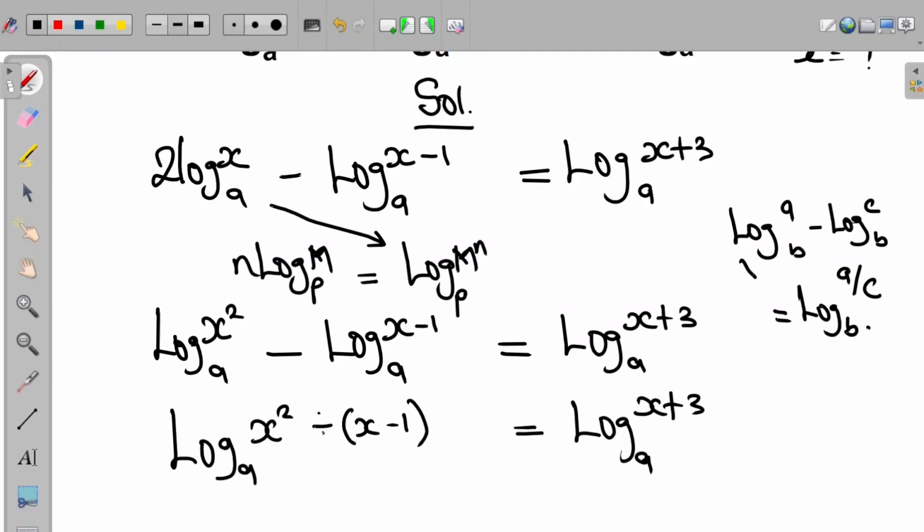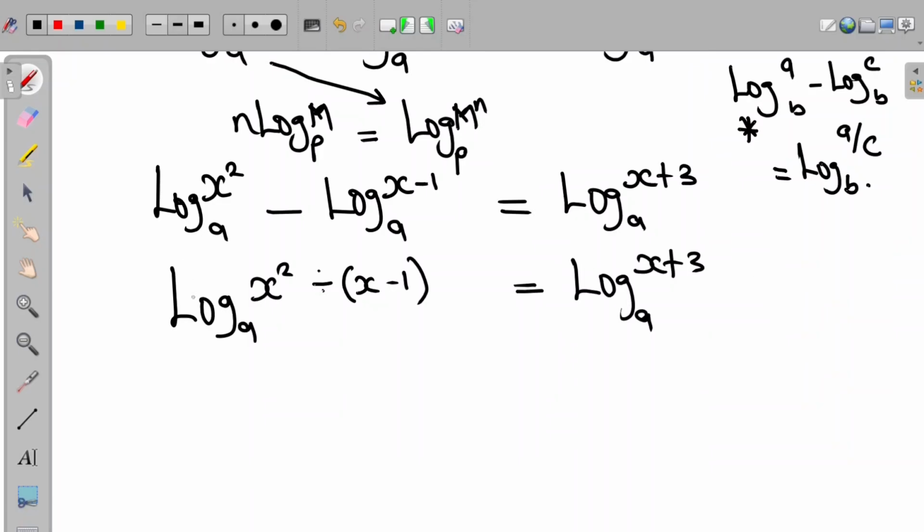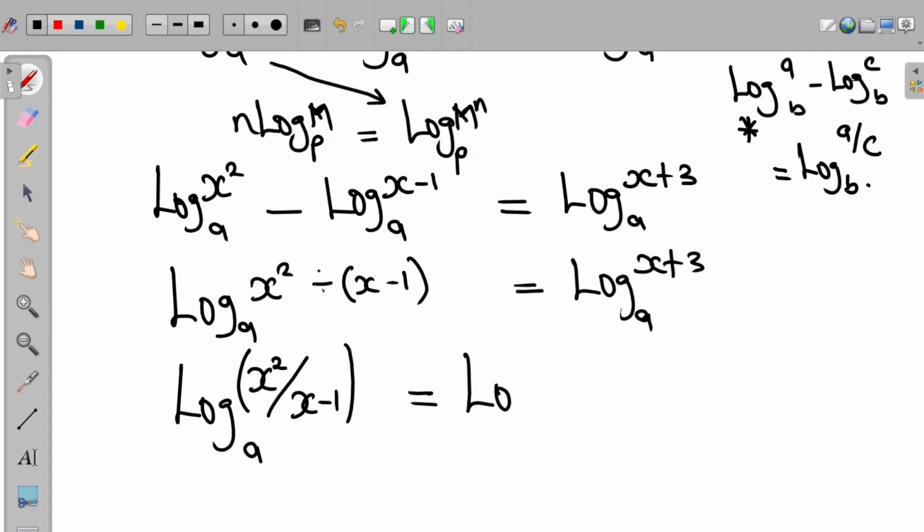So having applied this knowledge to our equation, the equation becomes log of x squared divided by x minus 1, all enclosed in a bracket, to base a equal to log x plus 3 in base a.